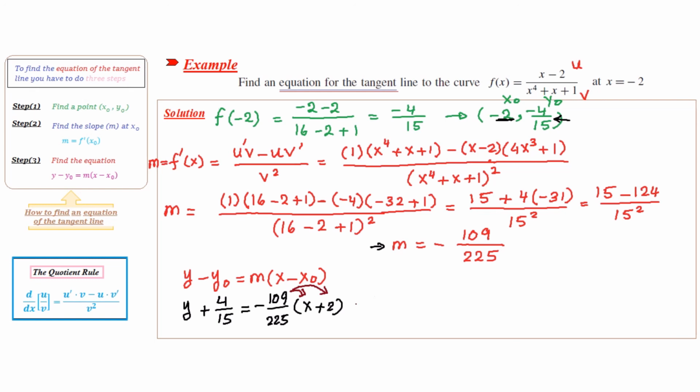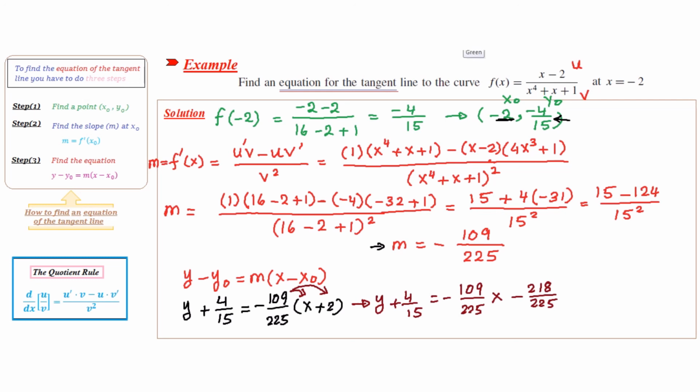Multiply here, and you will get y plus 4 over 15 equals negative 109 divided by 225 x. Then you have to multiply this number by 2 and you will get minus 218 divided by 225.